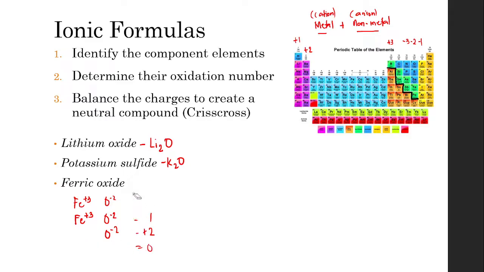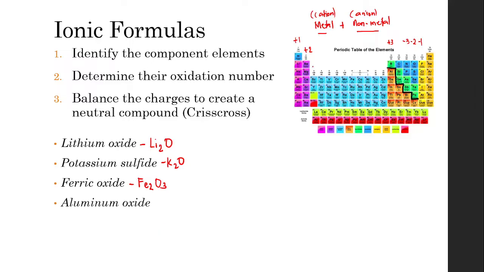That means the formula for ferric oxide is Fe2O3. If you notice, going back to our original elements, it's basically just the crisscross method. So that's how we write the ionic formulas for our ionic compounds.